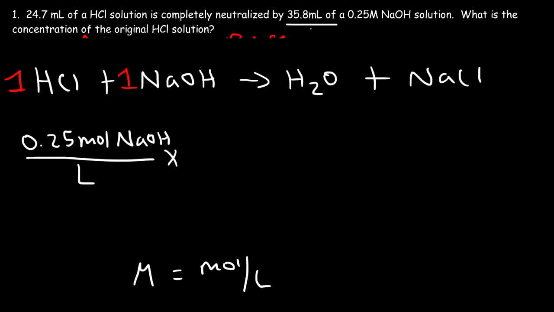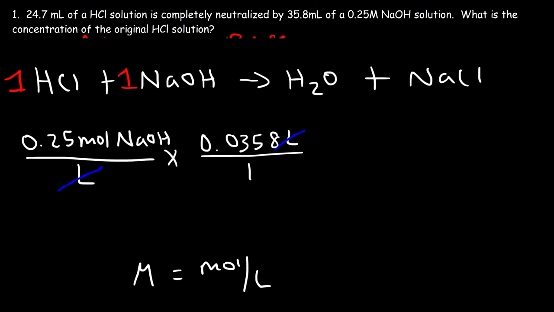Now let's multiply by the volume. To convert milliliters into liters, we need to divide by 1,000. So 35.8 milliliters is the same as 0.0358 liters. You can move the decimal point 3 units to the left. Now notice that the unit liters of solution cancels.